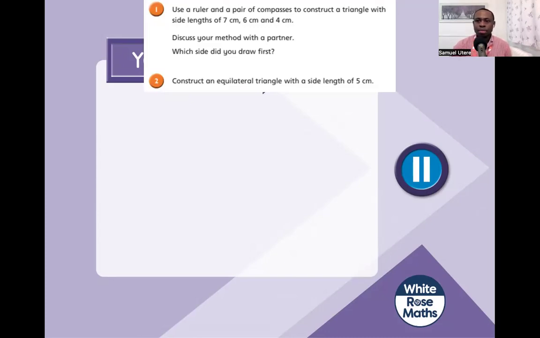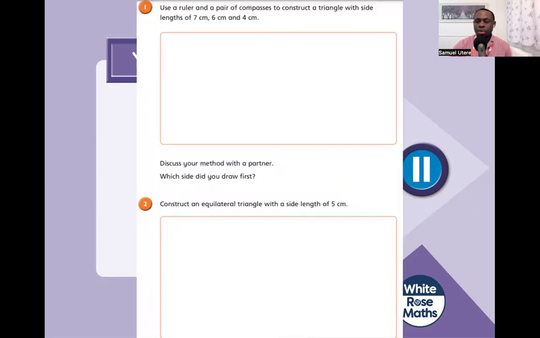Assuming you've paused the video and you've answered the question, here is what yours would look like. So I am going to stop sharing. I'm going to head over to MathsPad so that we can do a little demonstration. I will do the demonstration for both of them so that you observe how it should be done properly, and then you can have that practice too.